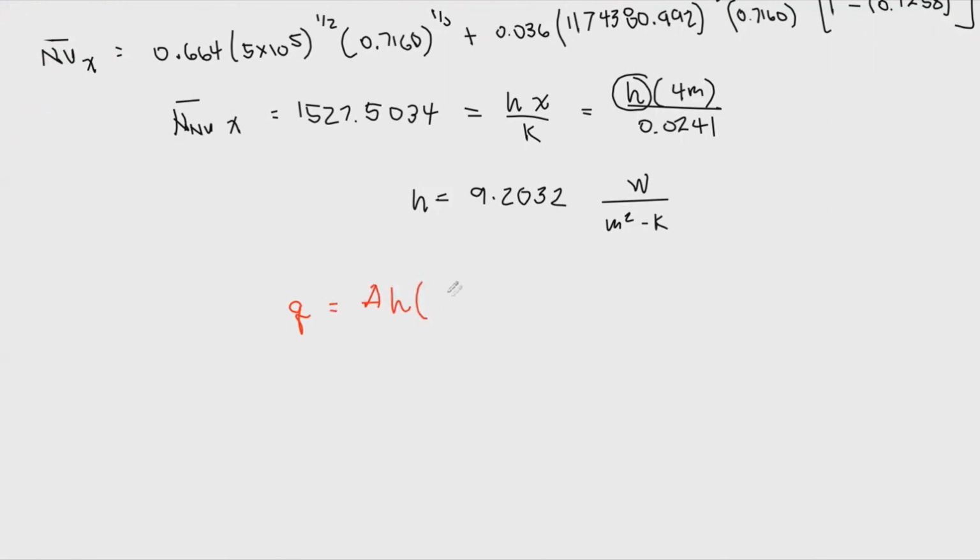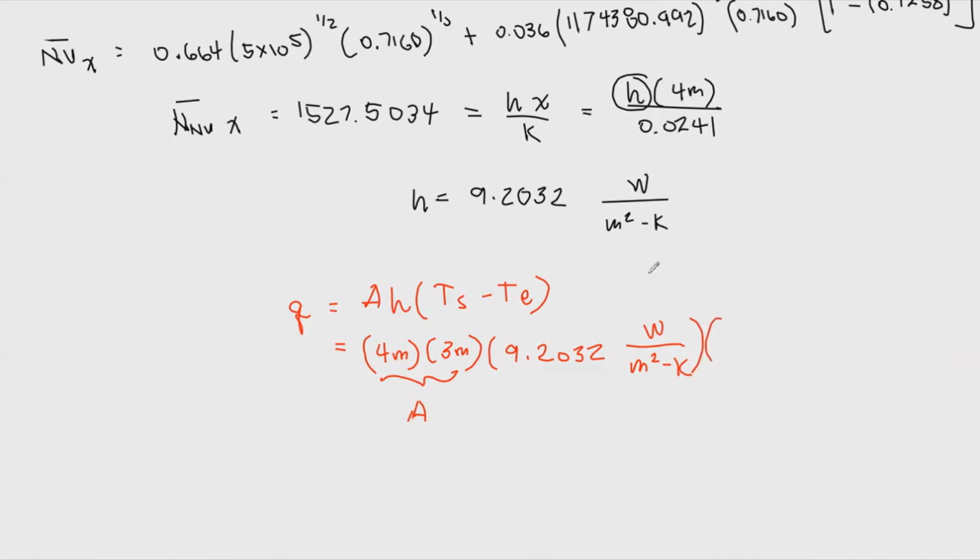So that is Q equals A h (Ts minus T infinity). Substitution for that, we get 4 meters multiplied with 3 meters since this is the area, and then we have h, which is 9.2032, the convective heat transfer coefficient we've obtained from the Nusselt number, and then subtract the surface temperature, that is 20 degrees Celsius at the plate or the wall, and then negative 20 for our air, so that becomes positive.